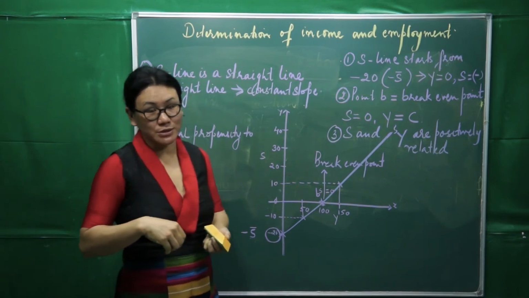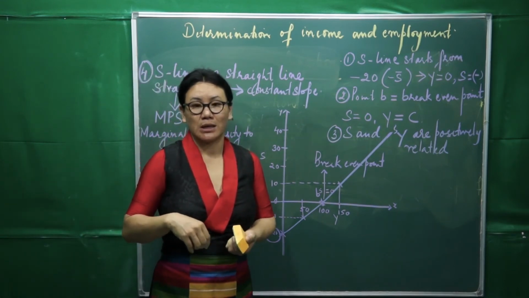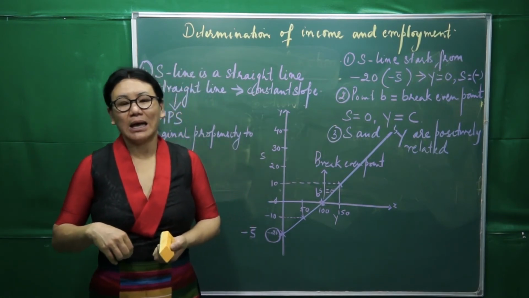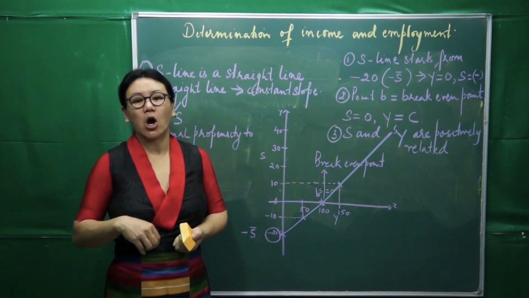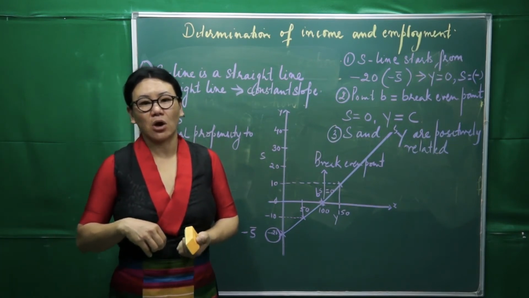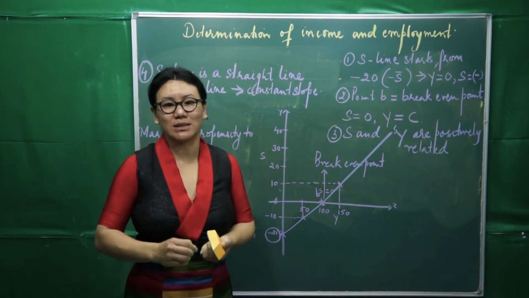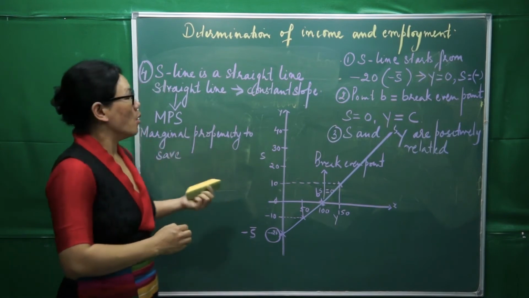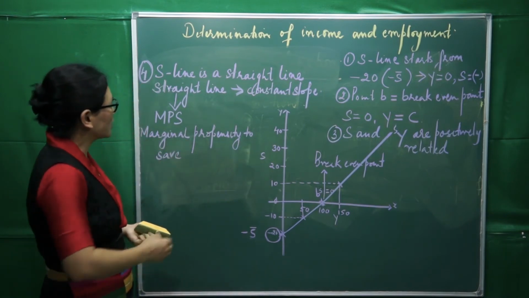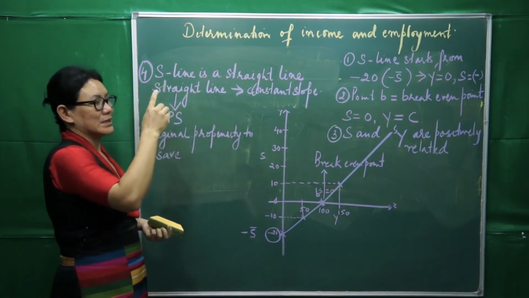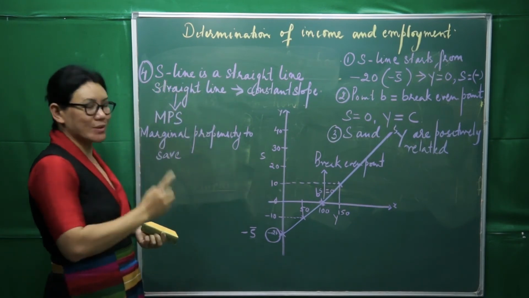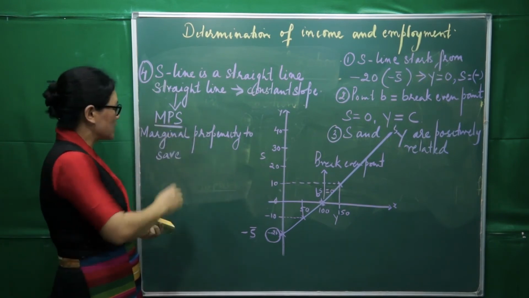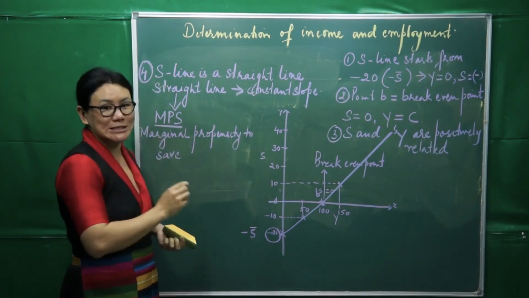In consumption function, I have said consumption line is also a straight line, and a straight line has constant slope, and this constant slope is shown by MPC in consumption function. Whereas in this saving function, the straight line saving line is indicated by this, and this is marginal propensity to save.